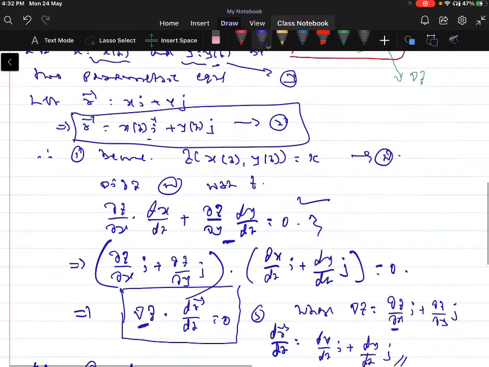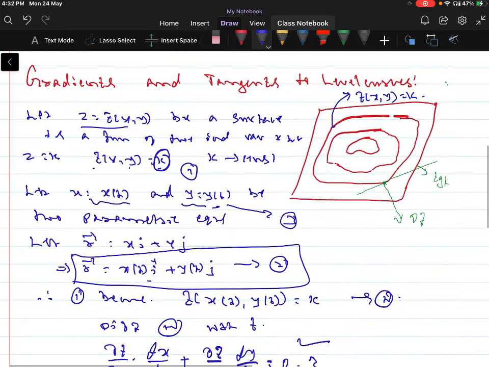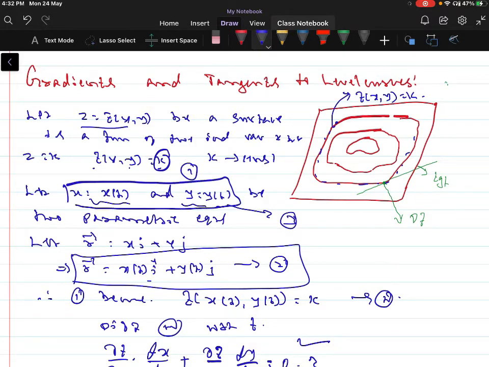You can observe that geometrically here. These contour lines are defined by the parametric equations x equal to x of t and y equal to y of t. You take any point on the curve, and draw the tangent. This tangent can be determined by dr/dt, where r is x of t i cap plus y of t into j cap.